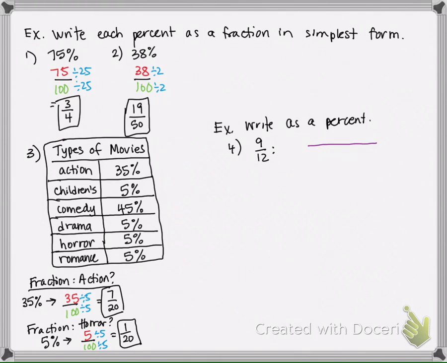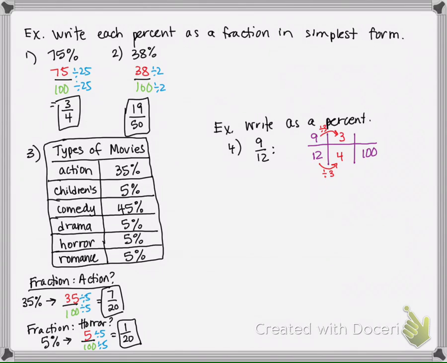I'm going to create a ratio table. And my goal is to get to 100. So things that go into 100. 2, but I can't divide 9 by 2. 4, 3. Ooh, there you go. That'll work. If I divide 12 by 3, I'm going to get a 4. And I can divide 9 by 3, which is 3.